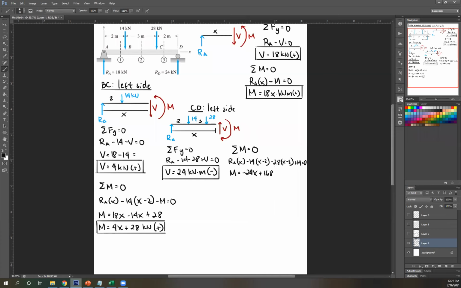So plus 168 kilonewton meter. So unit for moment, kilonewton meter.